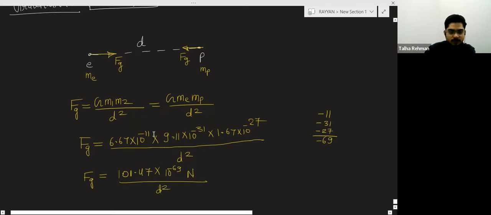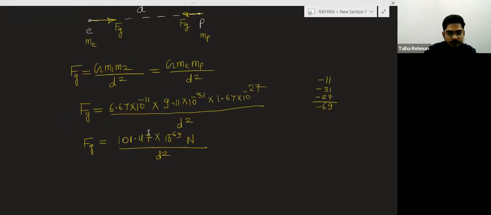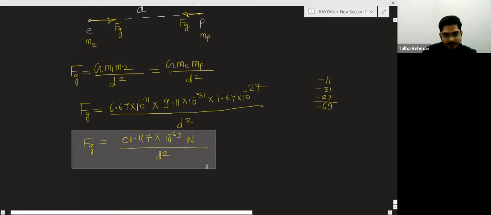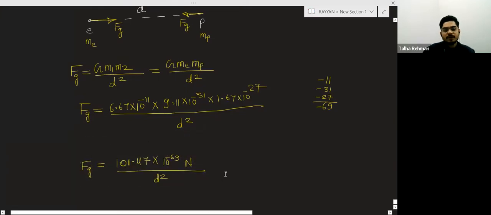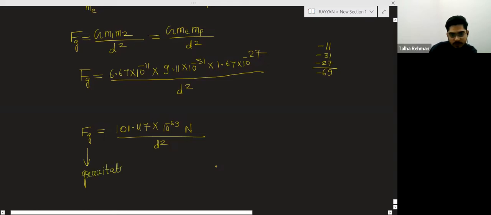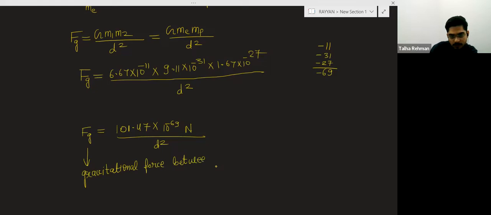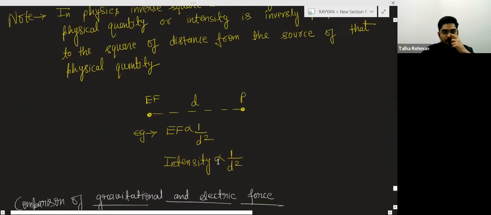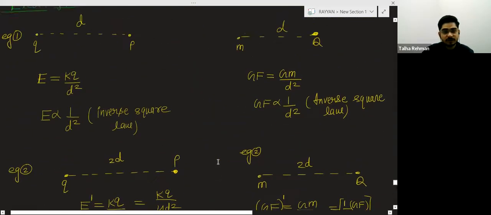This is the gravitational force between electron and proton. Note down this, then we will compare the values and see which force is greater.